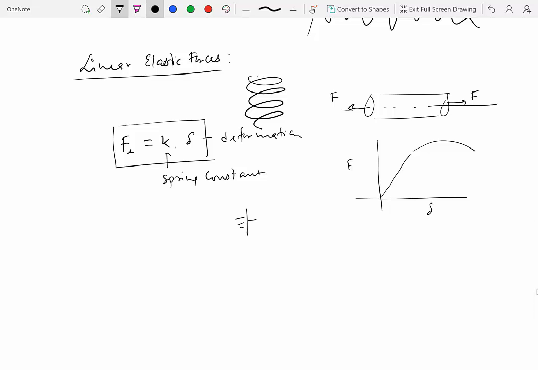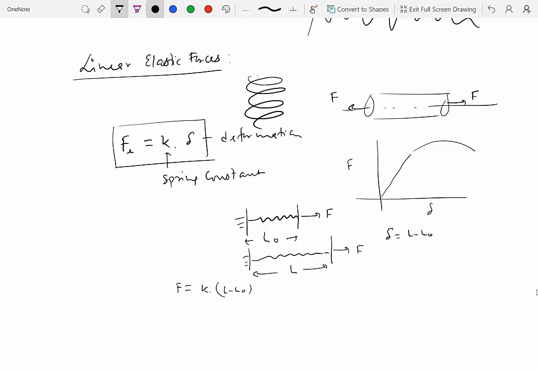So if I were to take a spring and apply a force F on it, let's say its original length was L0. This is its unstretched length. As a result of application of this force, the spring is stretched, or let's say the length of the spring after the stretch is L. Then the actual stretch delta is equal to L minus L0, and that means this force F would be equal to K times (L minus L0).